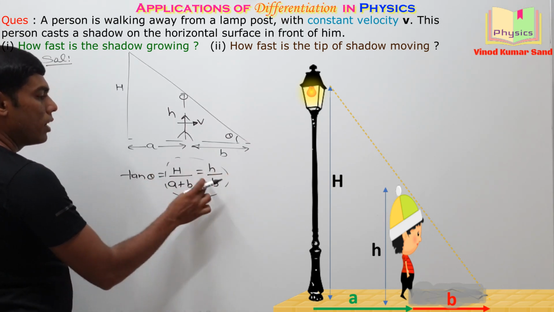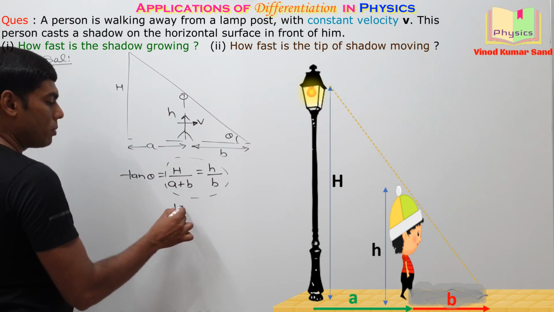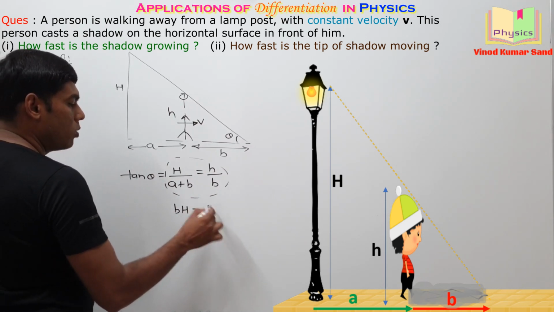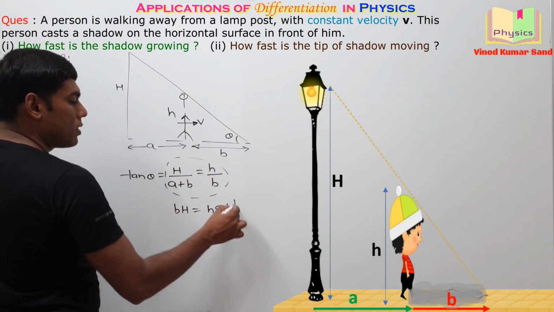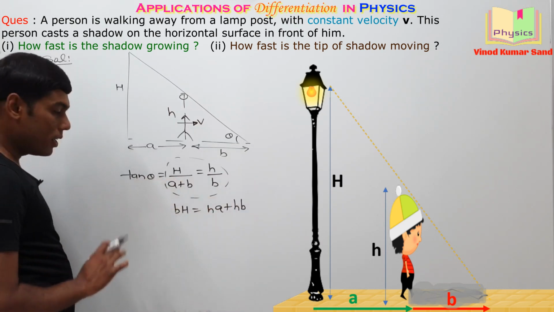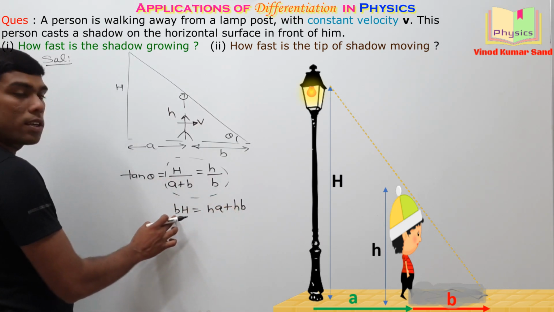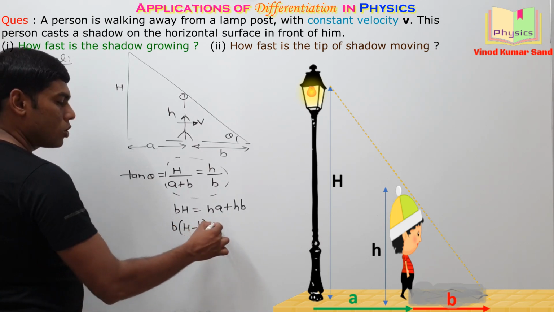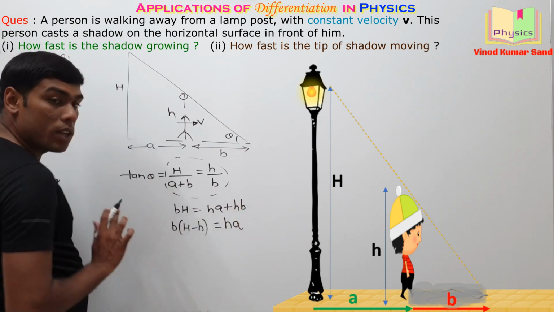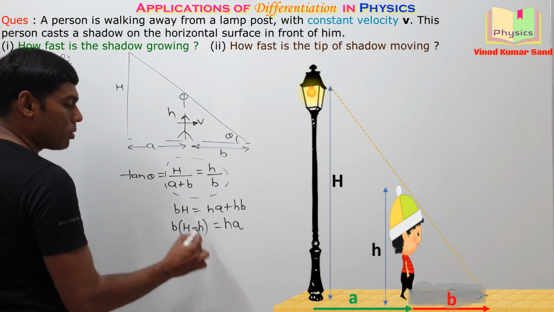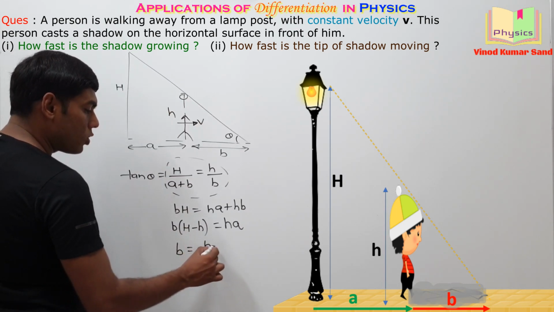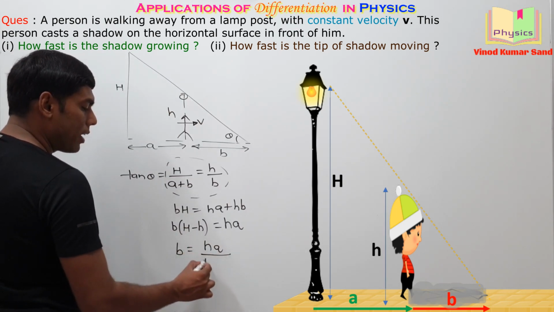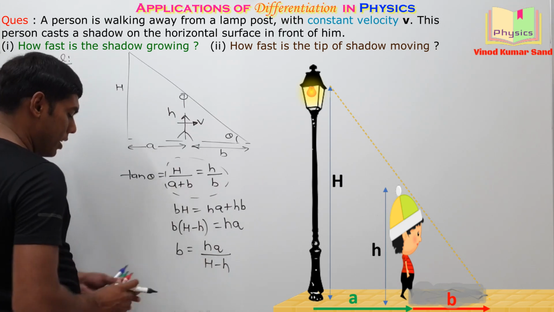Pay attention. Doing the cross multiplication, this becomes BH equals HA plus HB. Do you agree? Taking this HB here, B common, (capital H minus small h) equals HA. And here you get the value of B: B is equal to HA divided by (capital H minus small h).